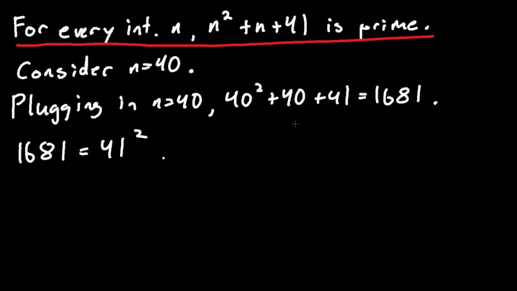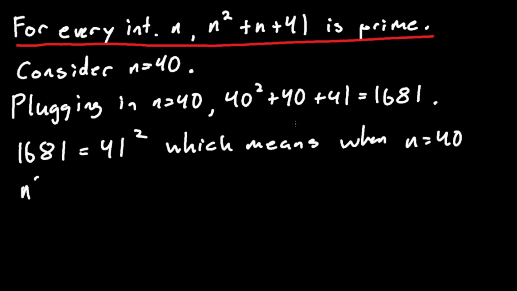Try to test this out in your calculator. Which means when n is equal to 40, n squared plus n plus 41 is not prime.